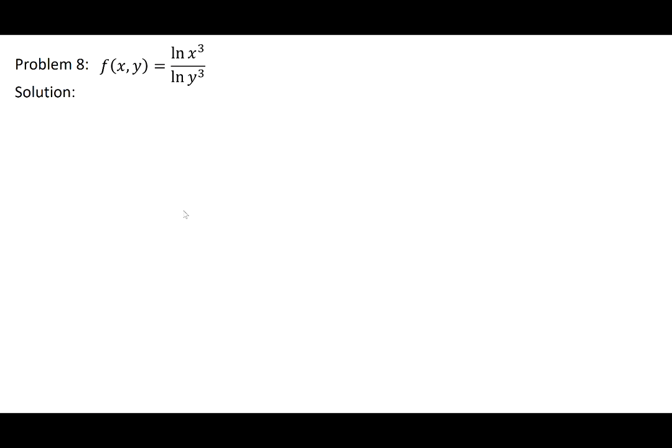So what's the process? You figure out f of tx comma ty. Okay, and which would be natural log of the quantity tx cubed over natural log of the quantity ty cubed. What do we do?